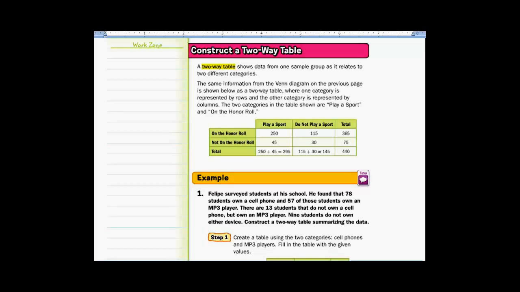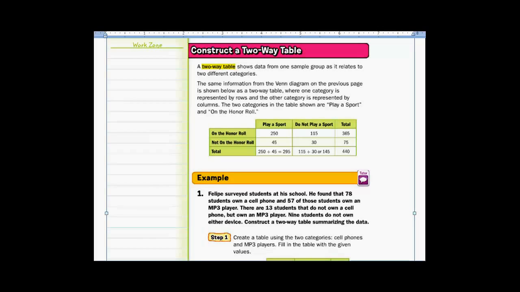So if you talk about playing a sport and on the honor roll, that's both of them. Playing a sport but not on the honor roll, so sports only. Do not play a sport but are on the honor roll. Do not play a sport and do not appear on the honor roll. So when we say find, where are we at here?